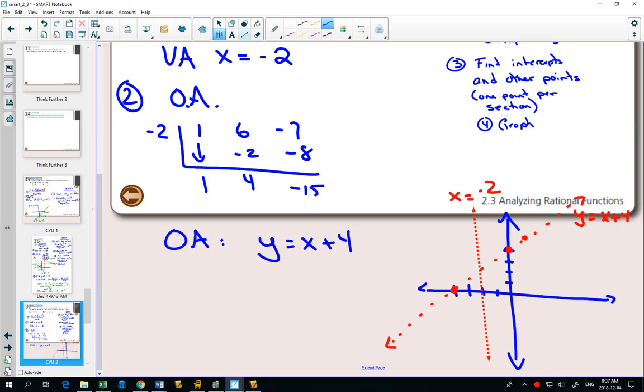Now from here, step 3, let's find our intercepts and let's find any other points that we need. So first of all, the easiest intercept is your y-intercept. Go to your original equation, plug in 0 for x.